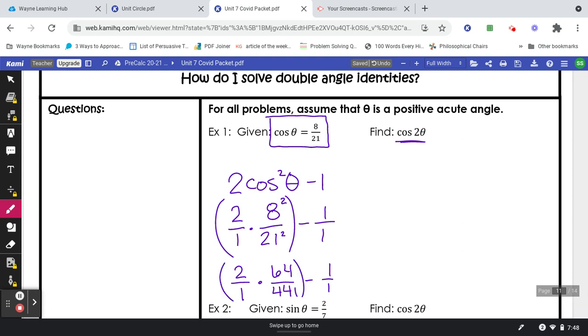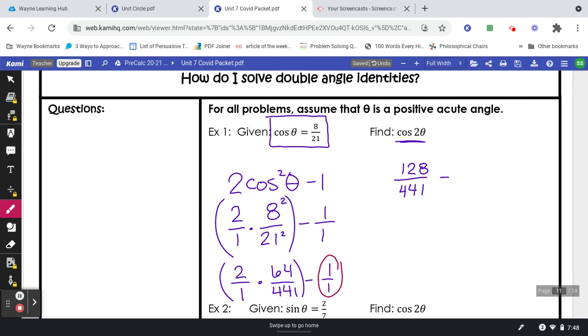Still need to multiply those two together, and feel free to do this in a shorter amount of steps if you want. 2 times 64, 128. 1 times 441, 441. And now this 1 over 1 right here, remember I can make that into anything that I want to get a common denominator.